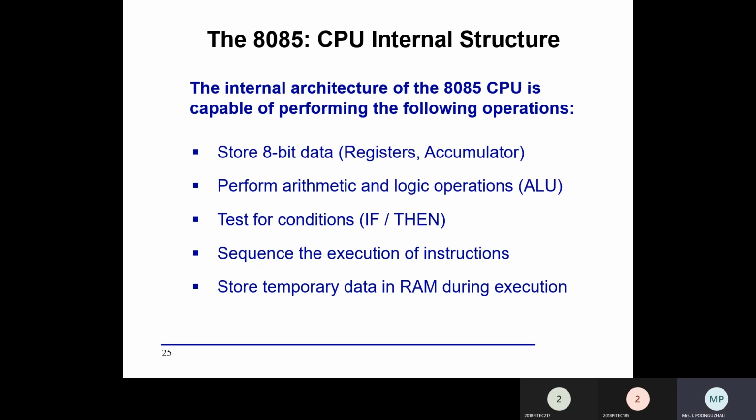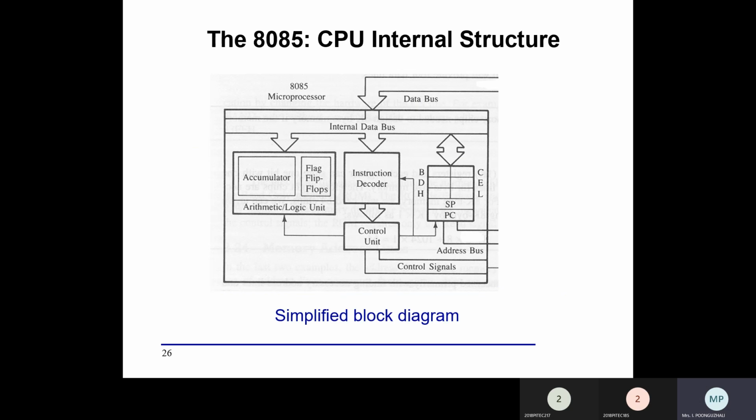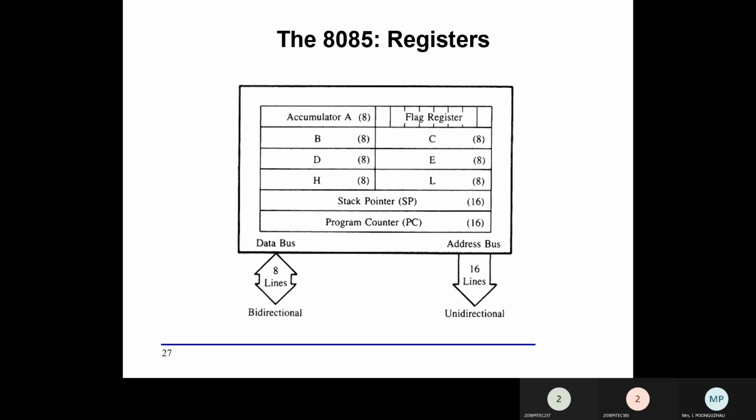To store, we'll be using the registers and the accumulator. Arithmetic and logic operations A will do. Then we have conditions. These are the registers it has: accumulator register, flag register, and then BC, DE, HL, stack pointer, program counter. இதெல்லாமே 16 bit.